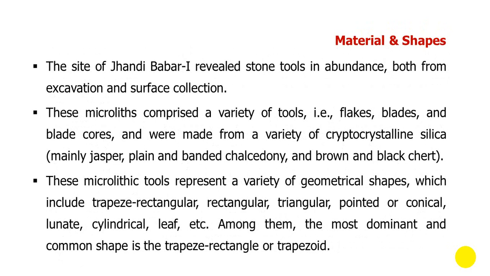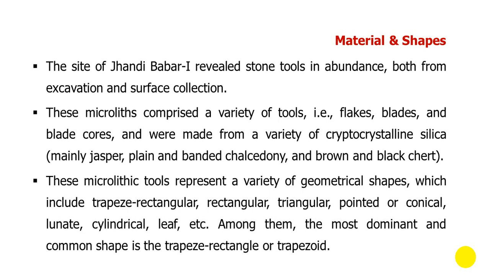Material and shapes of the stone tools. These microlithics comprise a variety of tools, flakes, blades, and blade cores, and were made of a variety of cryptocrystalline silica, mainly jasper, plain and banded chalcedony, and brown and black chert.